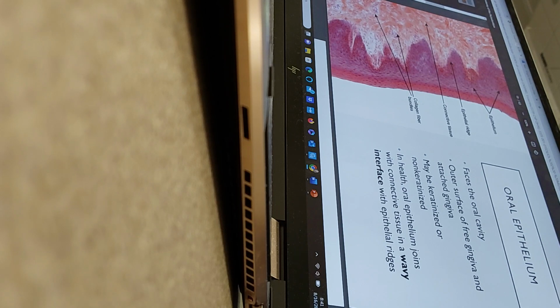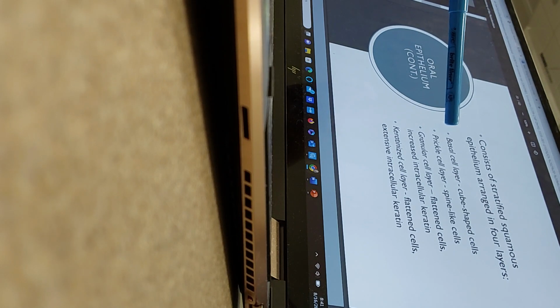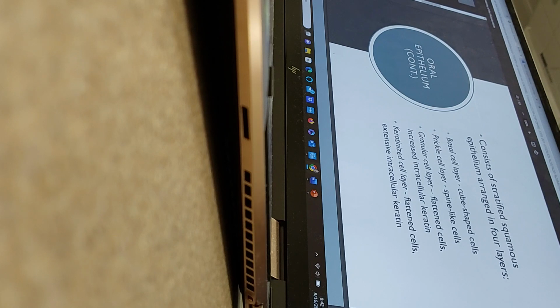All right. The oral epithelium, we said this 3 times, is made of stratified squamous epithelium. There's 4 layers to the oral epithelium. You have a basal cell layer that are cube-shaped, a prickle cell layer. I like that it's named for what it looks like.